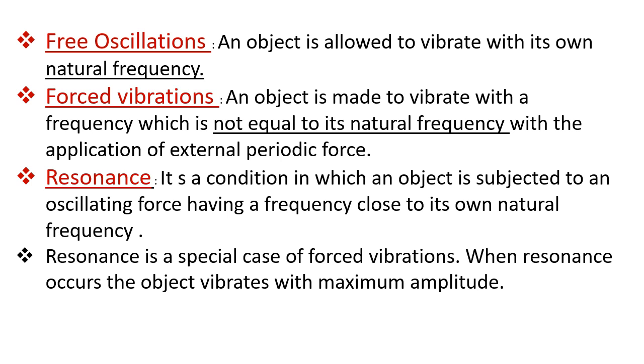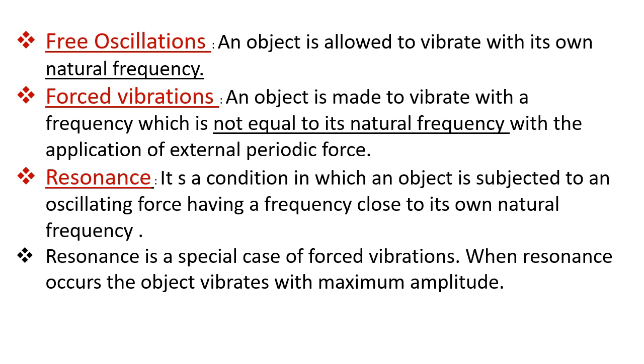Now this is very simple to understand. Let us first talk about free oscillations. When any object is allowed to vibrate or oscillate on its own, then those oscillations of the object are called free oscillations.